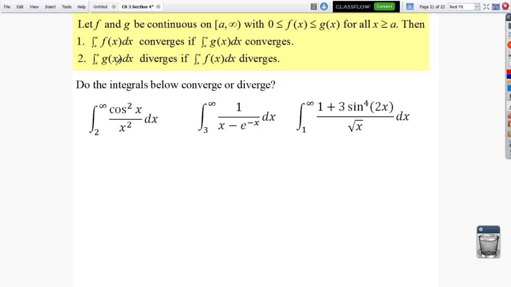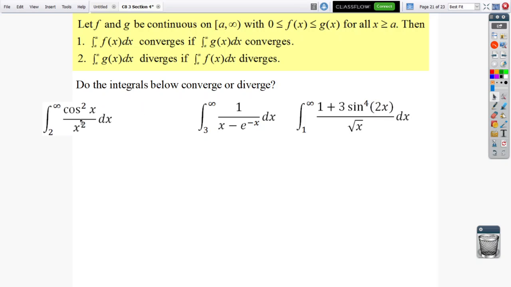The only thing beyond infinity is another infinity. So if f is infinity, g is infinity as well. G diverges. If g is finite, remember f is smaller than g, that would mean that the integral of f is smaller than the integral of g, and therefore f is smaller than finite. Infinite can't be smaller than finite, so f would have to converge as well.